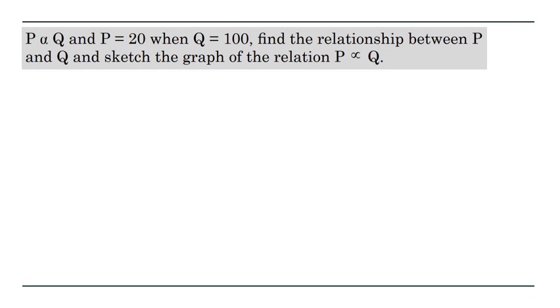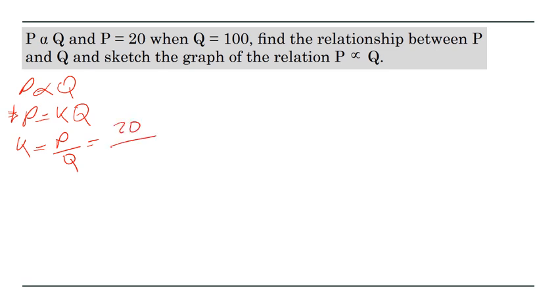The relationship, we know that P is proportional to Q, and this can be written as P is equal to constant times Q. Then k will be equal to P over Q. In this case our P is 20, our Q is 100, so that's 1 over 5, which means the relationship is P is equal to 1 over 5 Q.